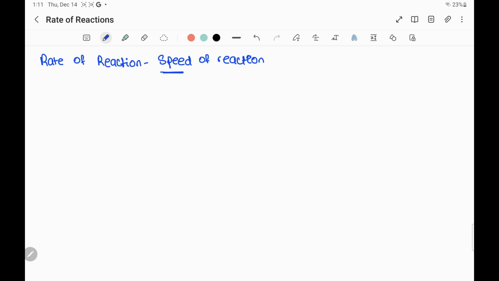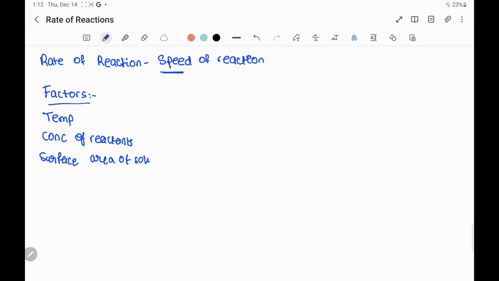Now, is there something that affects the speed of reaction? Yes, there are actually a number of factors that affect the rate of reaction. Those factors are temperature, concentration of reactants, surface area of solid reactants, presence of catalysts, and light.